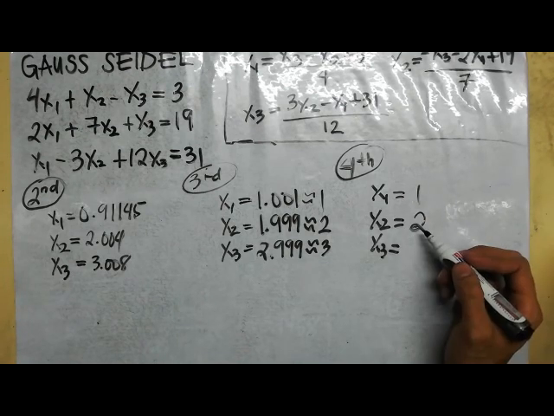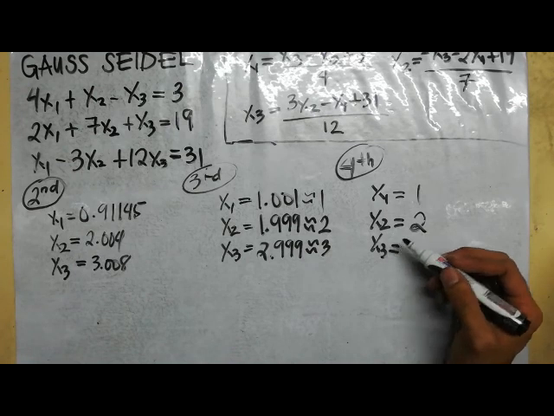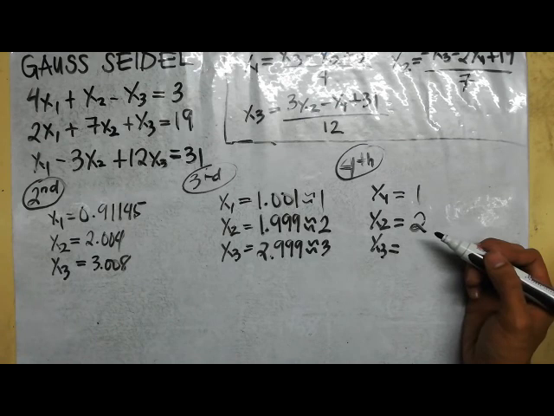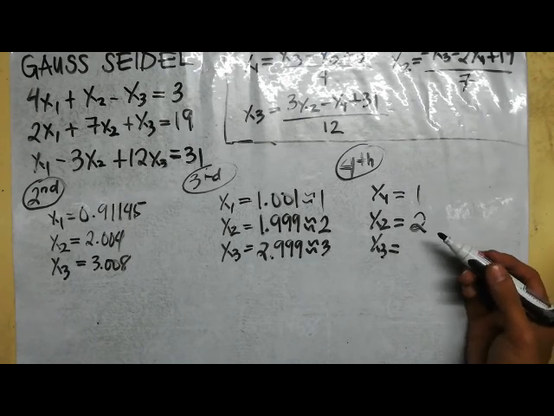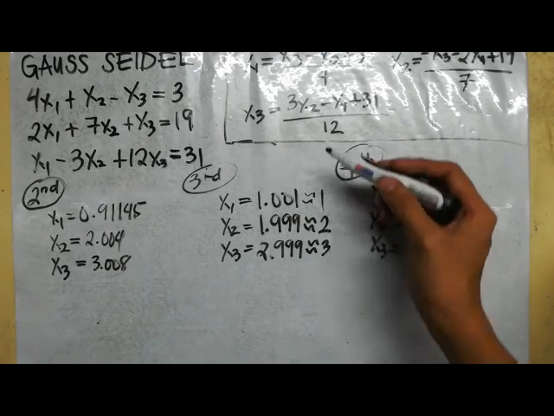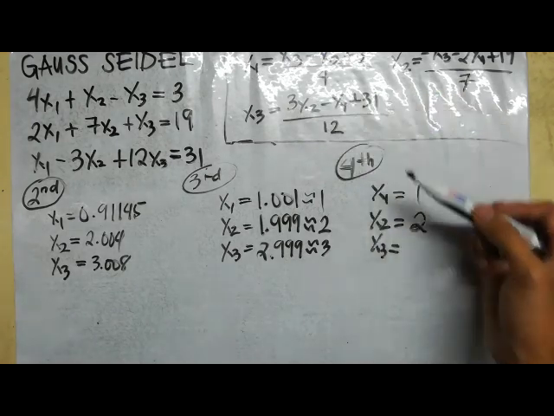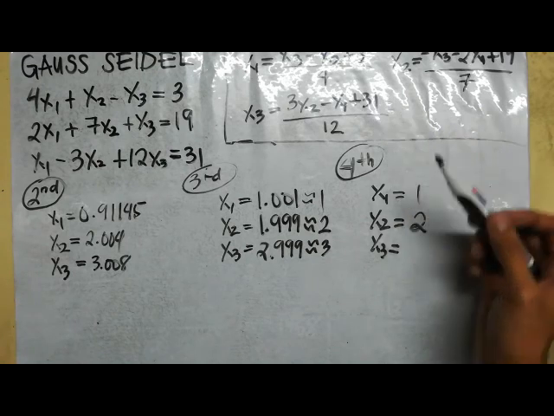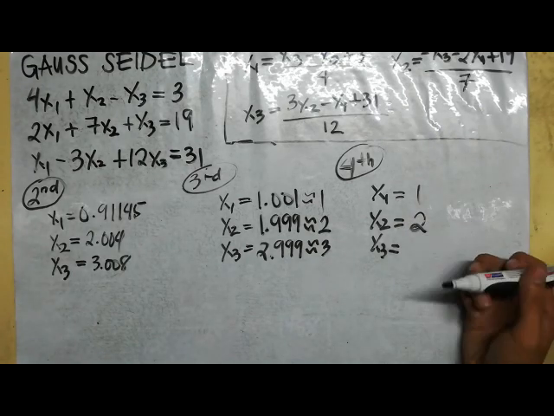And last, for our x sub 3, we will substitute these two new values. So 3 multiplied by x sub 2, which is 2, minus x sub 1, which is 1, plus 31 all over 12. So we will get 3.